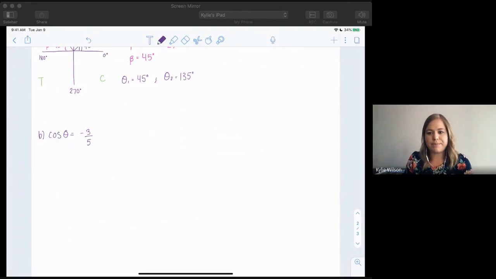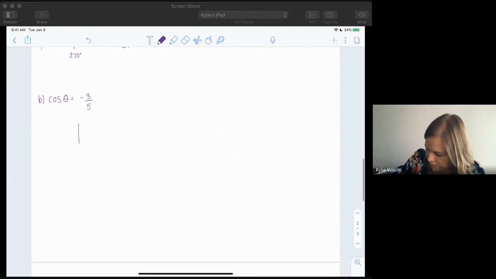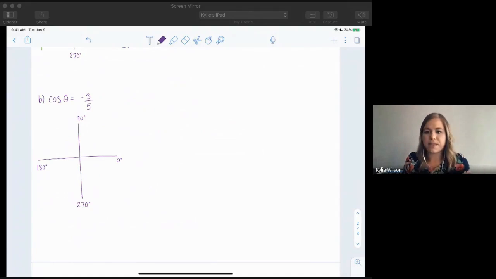There we go. So the first thing that I'm going to do is draw our little Cartesian plane that I'll be using. So we have 0 degrees, 90 degrees, 180 degrees, and 270 degrees, like that. Then I need to find my related acute angle.